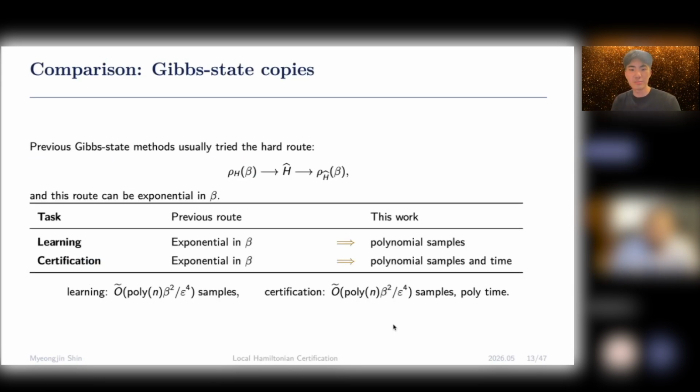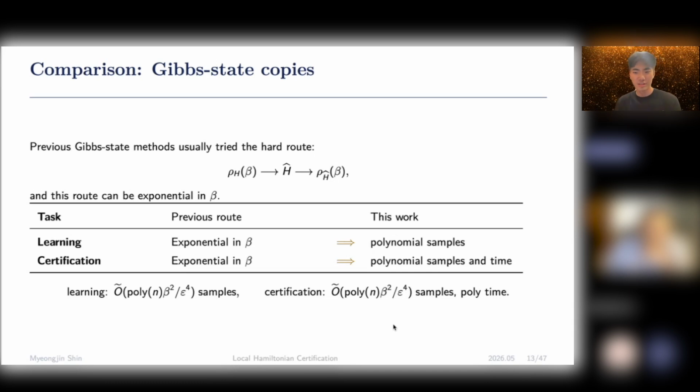And in the Gibbs state model, prior works try to learn the Hamiltonian from the Gibbs state, but it is proven that it costs an exponential number of samples. So we try to research in a different direction. We try to learn and certify the Gibbs state itself.